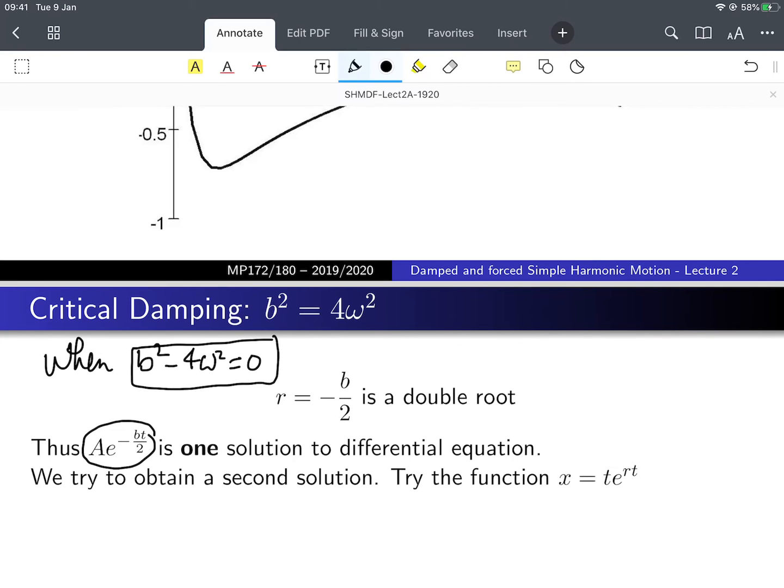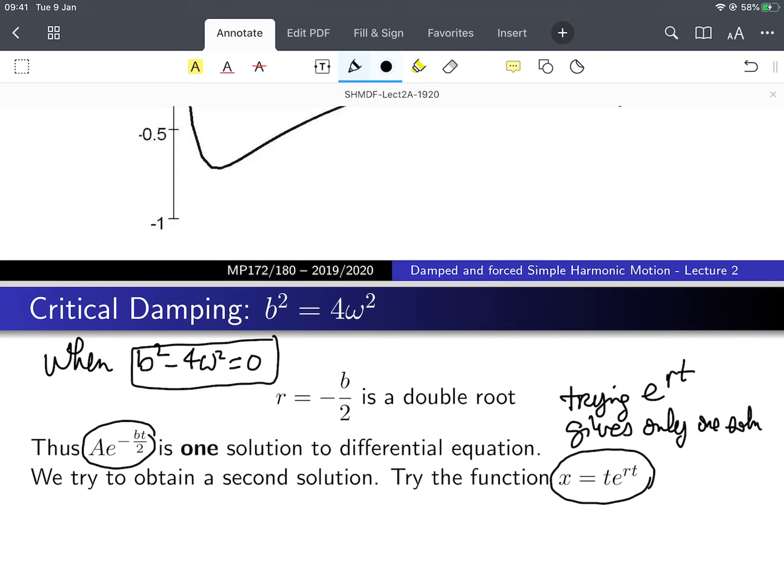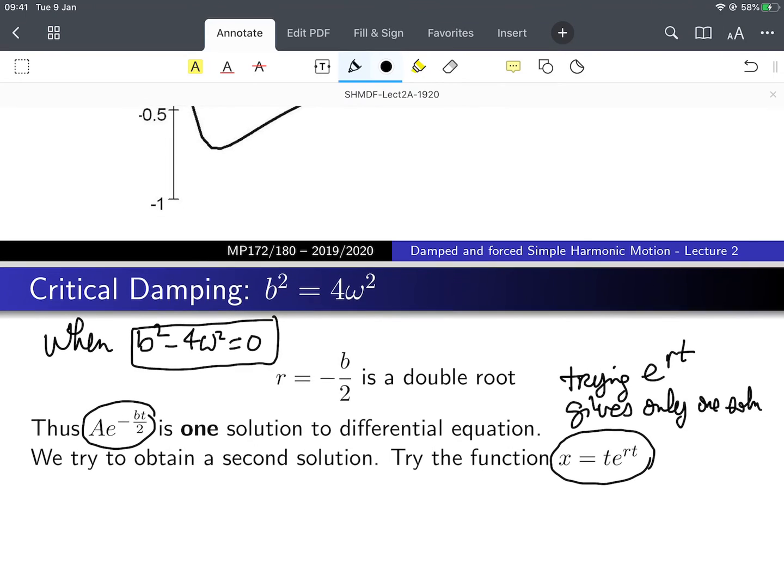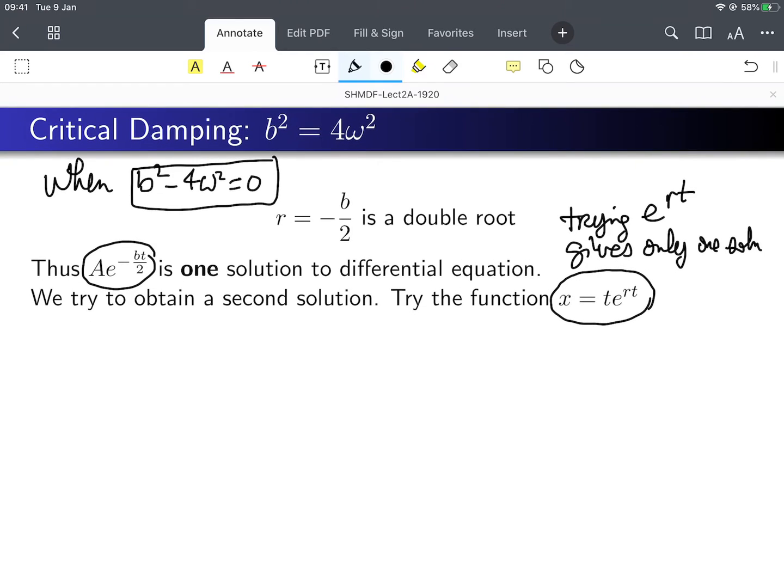So try exponential ERT, which gives only one solution. How are we going to find a second solution? Well, we're going to try this here: t times ERT. Just for fun, let's see if that works.